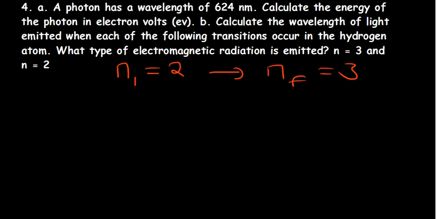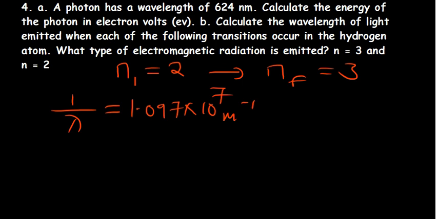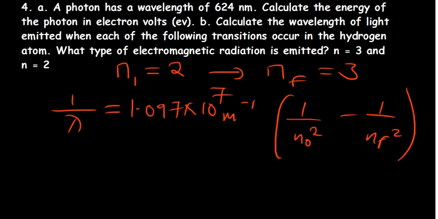Whenever you are determining the wavelength from transitions, the formula that can help you very fast is the Rydberg equation, which is 1 over the wavelength equals the Rydberg constant, 1.097 times 10 to the power 7 per meter, and then in the brackets you have the transition: 1 over the initial squared minus 1 over the final squared. So you just plug in.